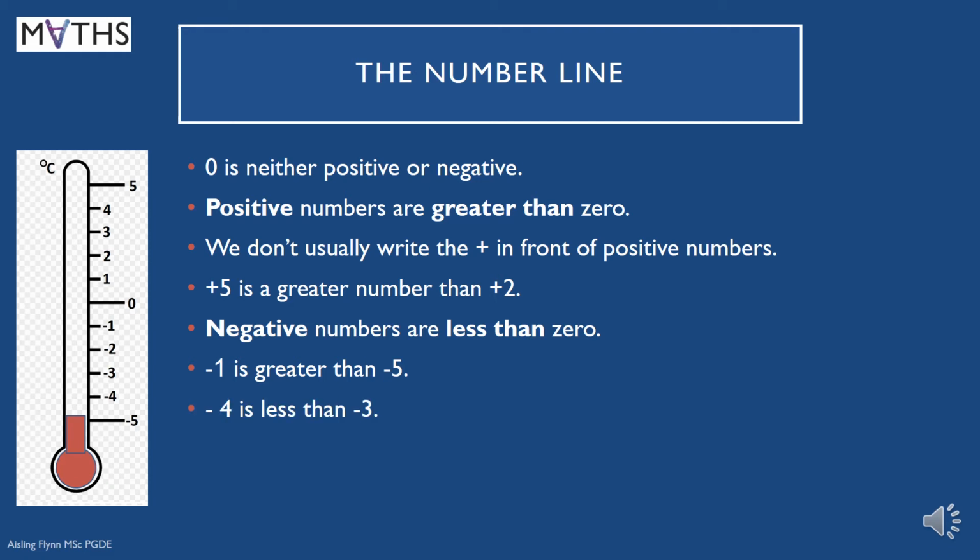Okay, and minus 4, there's minus 4, is less than minus 3. It's lower than minus 3, or in temperatures, it's colder than minus 3. There's minus 4, there's minus 3. Think of the numbers as moving up and down from 0.